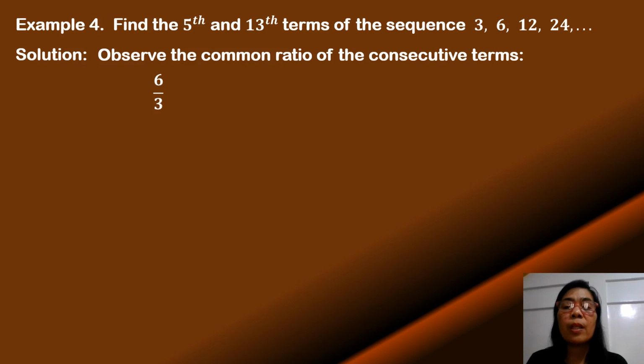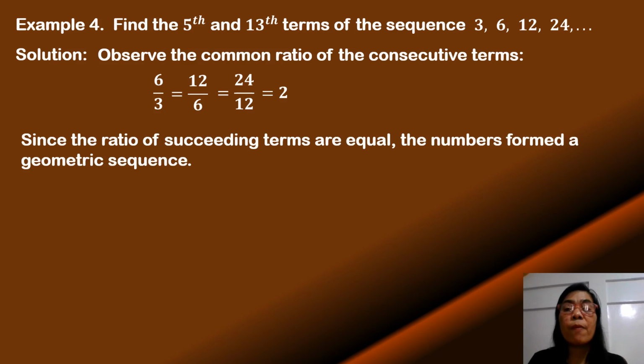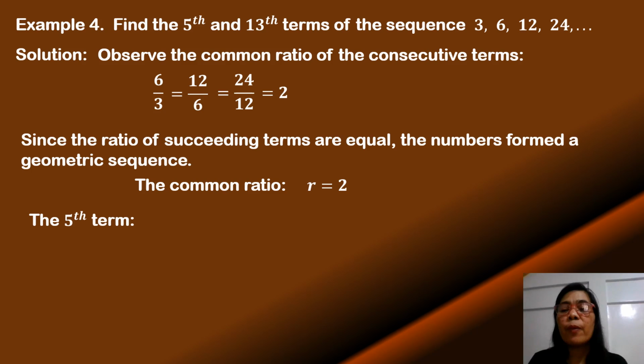That is, try to find out if the ratio between 6 and 3 is equal to 12 over 6, equal to 24 over 12. Obviously, 6 over 3, 12 over 6, and 24 over 12 are all equal to 2, and so the terms in the given sequence form a geometric sequence, and the common ratio r is equal to 2.